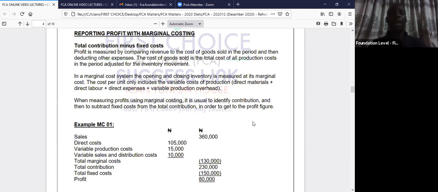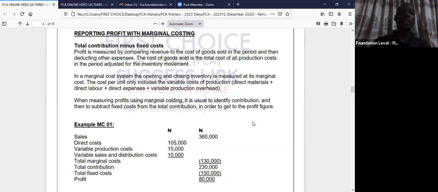Look at example MC01. The figures here are assumed figures. Your sales is 360,000. That's your total sales value. Now, all your direct costs here include your prime costs. That is your direct material, your direct labor, your direct expenses. It gives you 105.